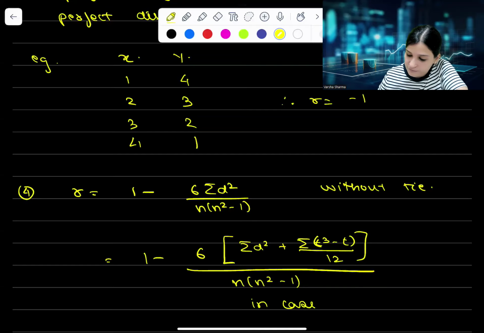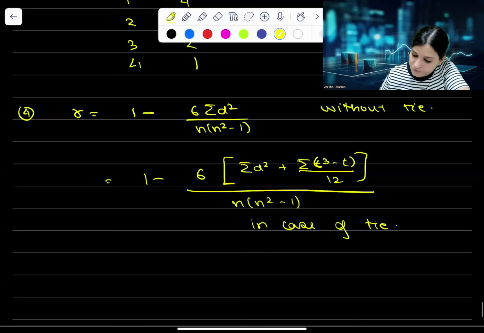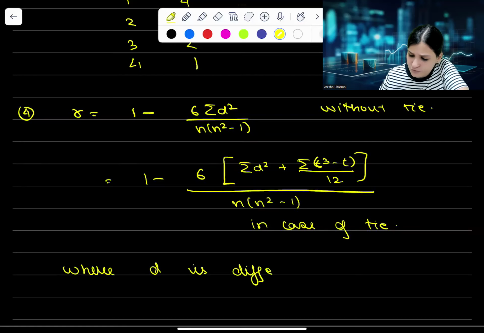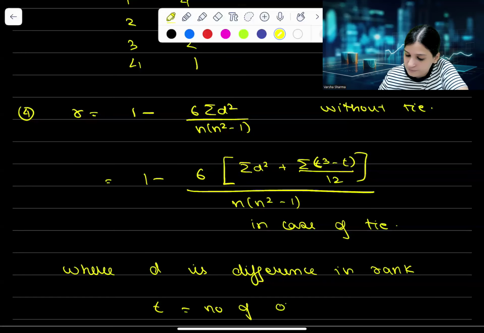I'll explain what it means. D is the difference in rank. Pretty easy, don't worry. T is the number of people tied.